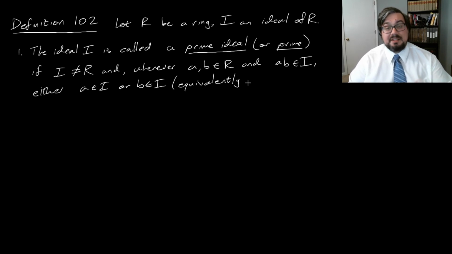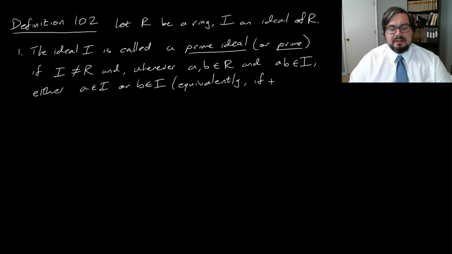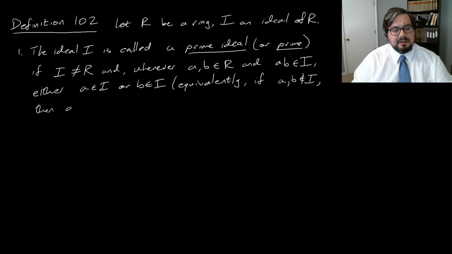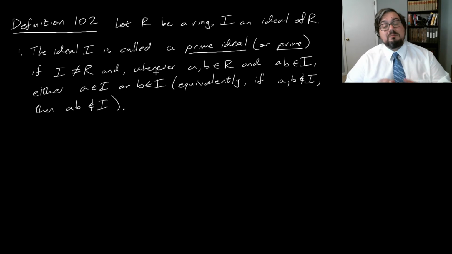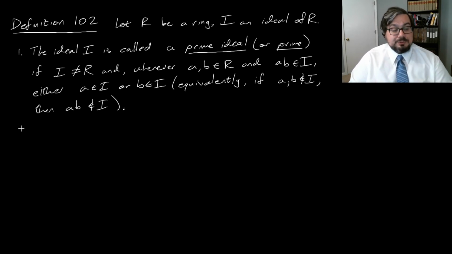Now, equivalently, we can describe this in the following way, which is sometimes an easier way to prove things, which we'll see in a second. Equivalently, an ideal I is a prime ideal if it's not equal to the whole ring, and if the following condition holds: if A and B do not belong to I, then the product AB does not belong to I. This is just the contrapositive statement of the one above, completely logically equivalent, but sometimes easier to use in proofs.